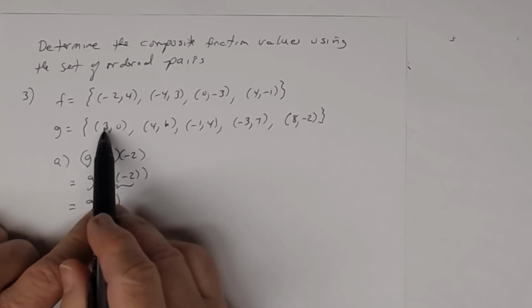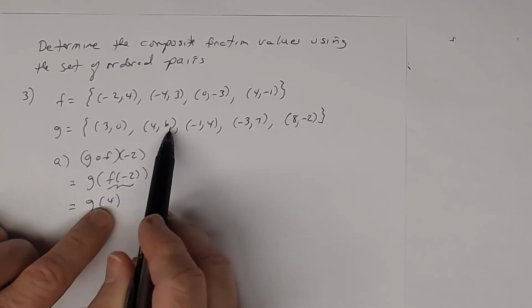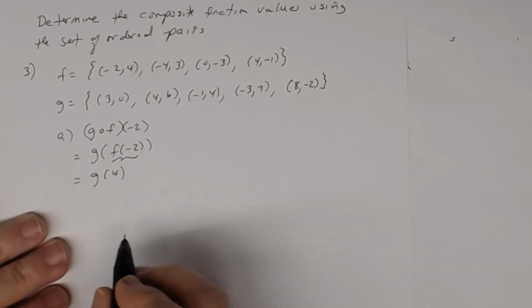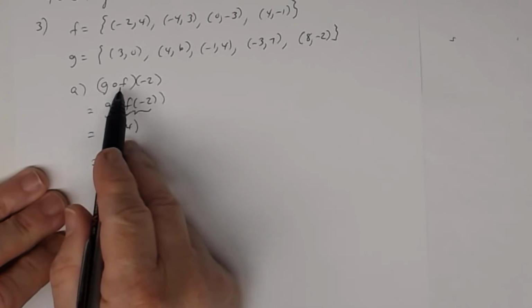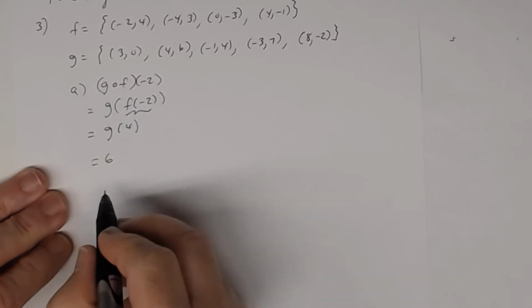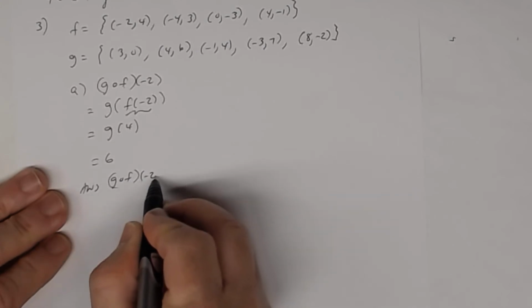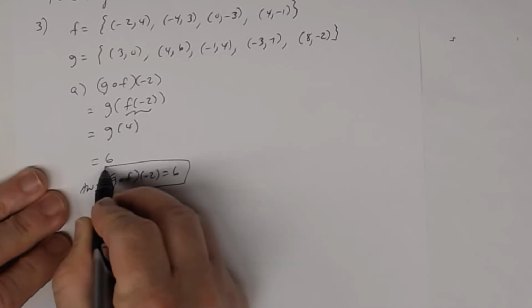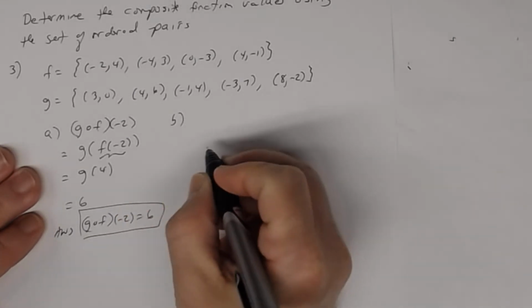Let's find where x is 4. This is not 4. This is 4. So when x is 4, my y value is 6. So the answer: g composed with f at negative 2 equals 6. Very simple process.